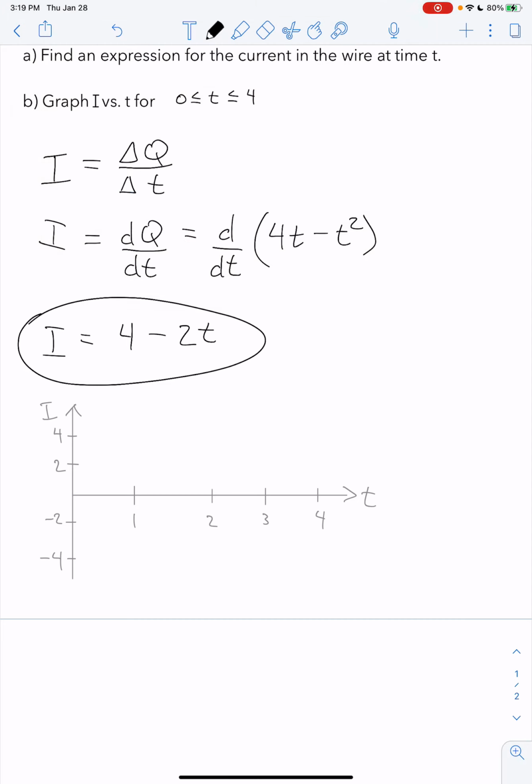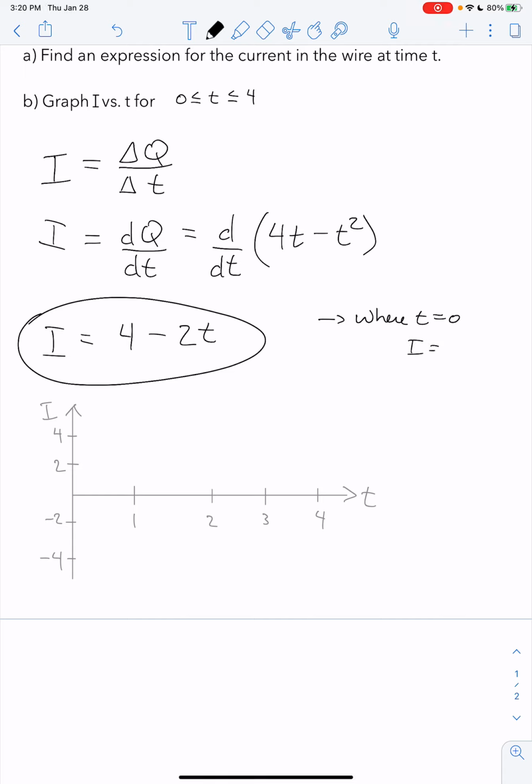Okay, so when looking at an equation and wanting to figure out generally what's going on, it makes a lot of sense to look at the intercept points. So, if we're going to look at this and say, well, where t is equal to 0, then what's I?